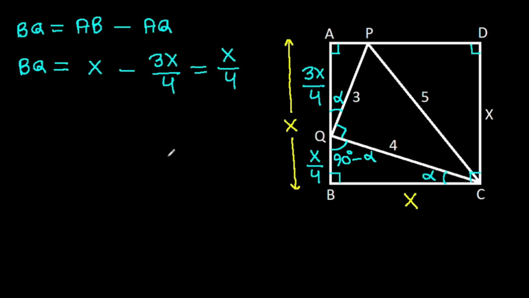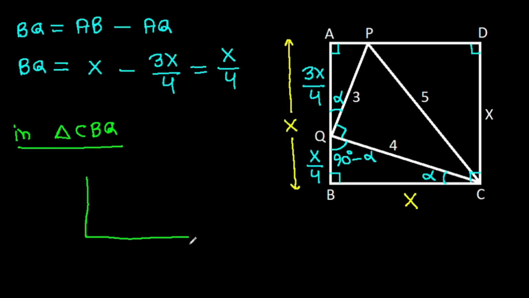And now in triangle CBQ, this angle is 90 degrees. BQ is x over 4.